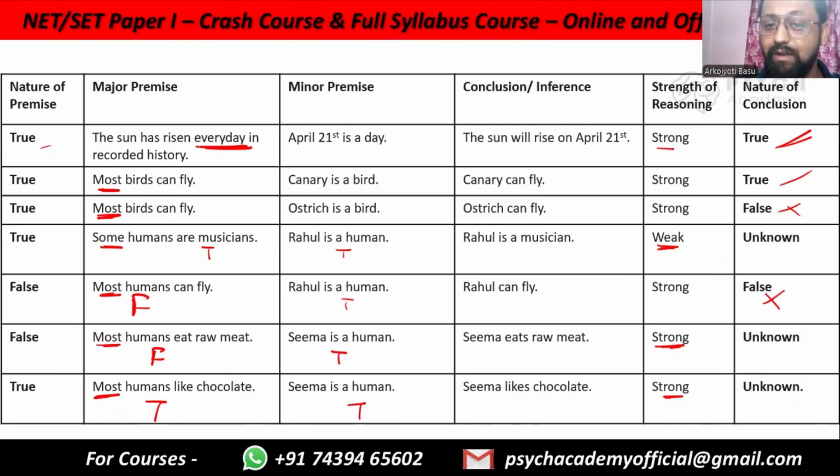The point is that in inductive reasoning, you can try whatever combination you want to. You can try combinations of true and strong, true and weak, false and strong. You can even try false and weak. I'll add that one next time. Regardless of that, you may still not know what the conclusion exactly will be.